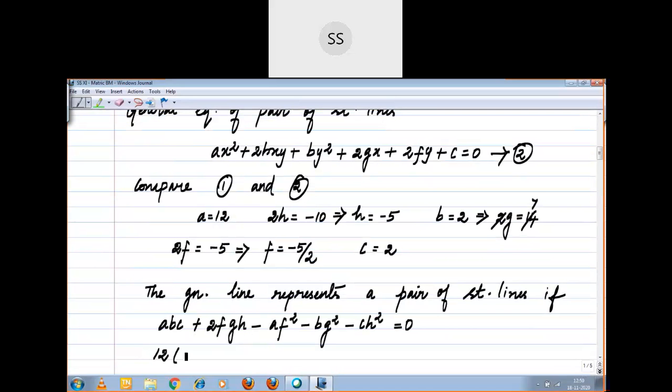Now, what is A? A equal to 12. B equal to 2. C is also 2. Plus 2 into F, which is minus 5 by 2, G is 7, H value is minus 5.